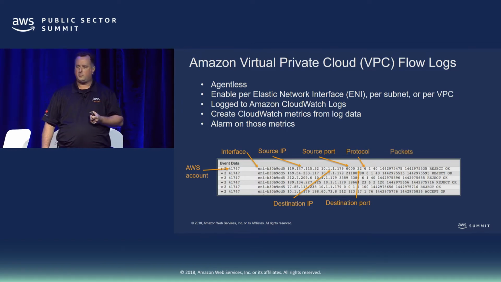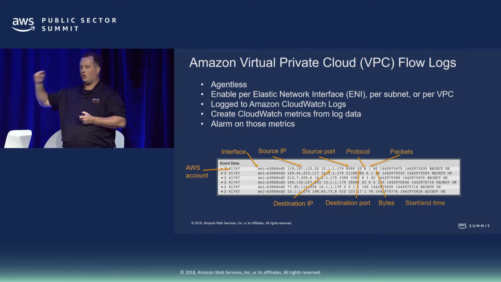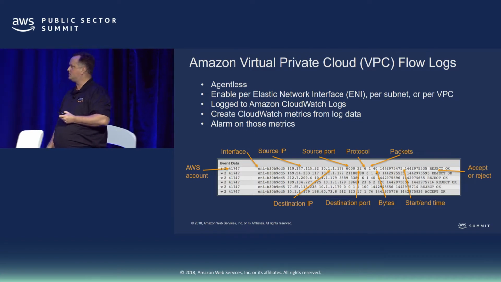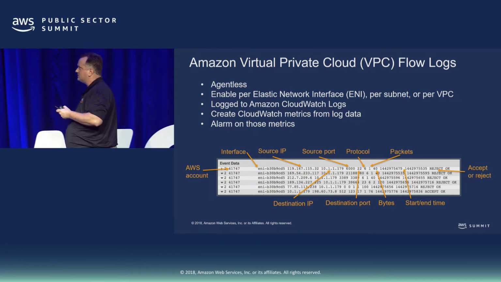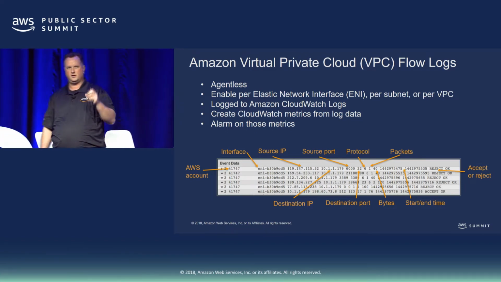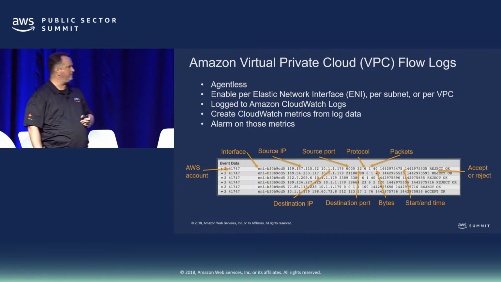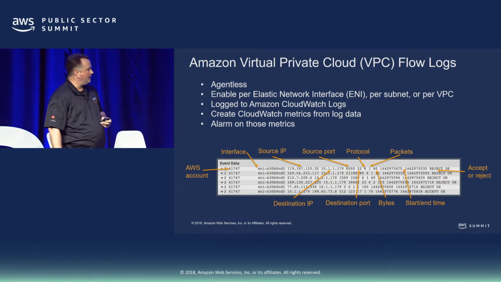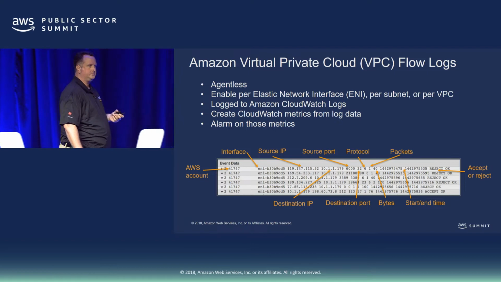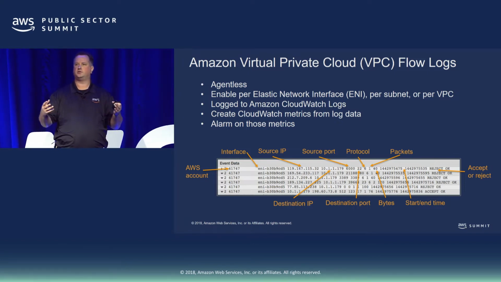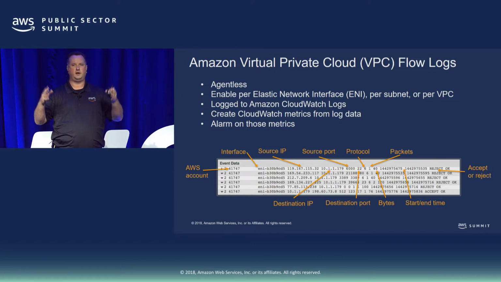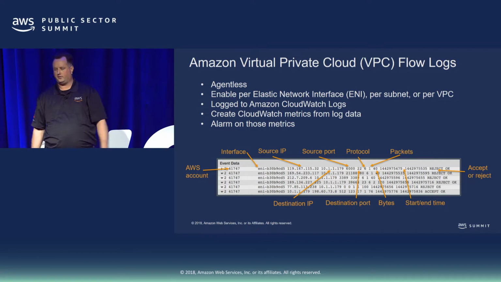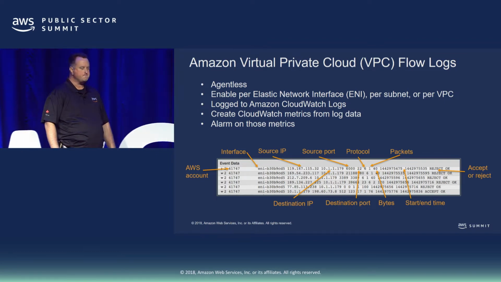If you've used NetFlow in the past, similar kind of idea, a one-liner of what's described in the flow. You can turn this on at different context layers, so at the interface layer or the subnet layer or the VPC layer. This also gets stored in S3. So you as a customer have the choice as to whether you want to keep that for a day, a month, or year, archive that off into Glacier as an example.